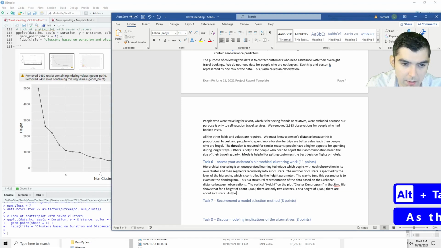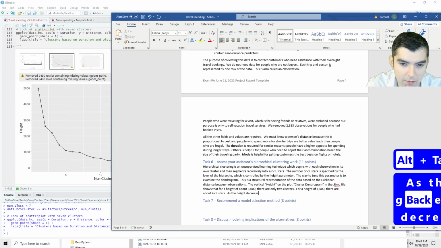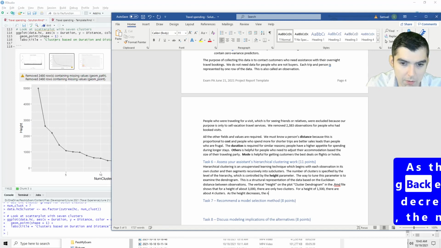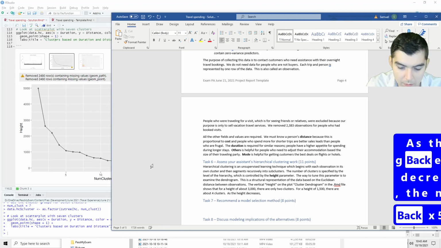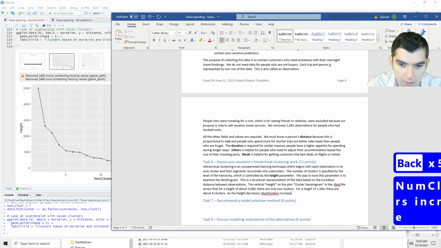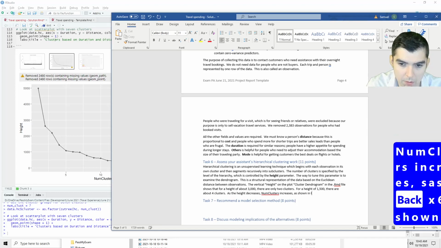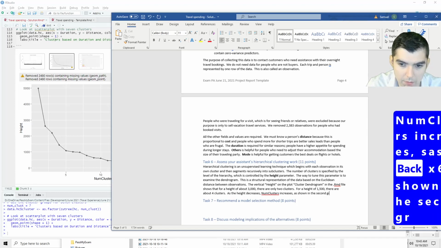As the height decreases, the number of clusters increases, as shown in the second graph.